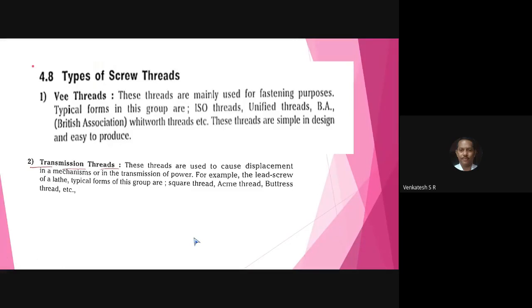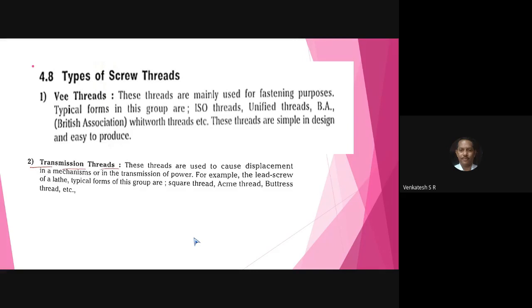And very, very important, many of you have already used the screw jack. Screw jack, for lifting the vehicle when a puncture happens to the tire, you have to lift the car. For that reason, you are using the screw jack.